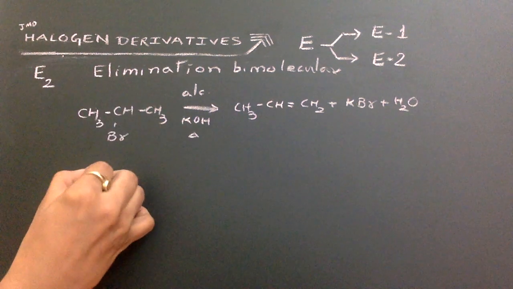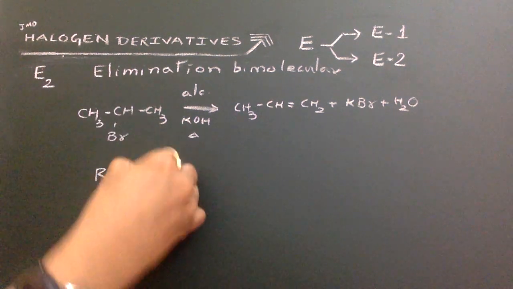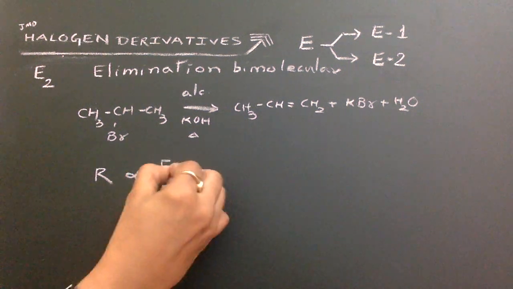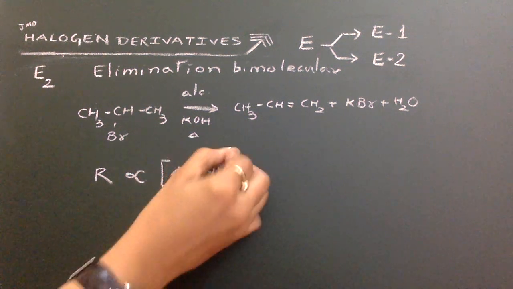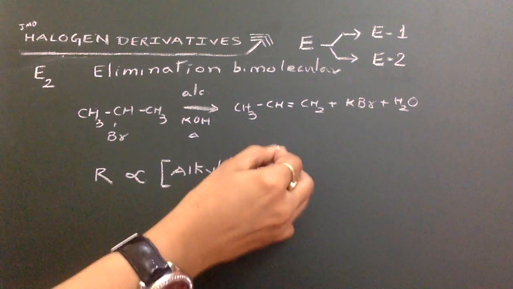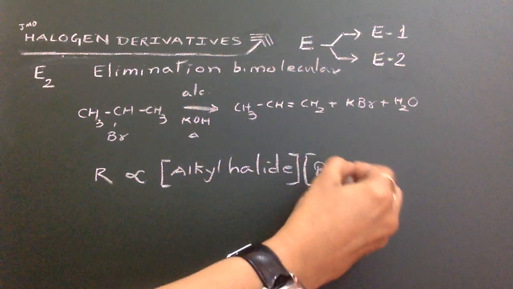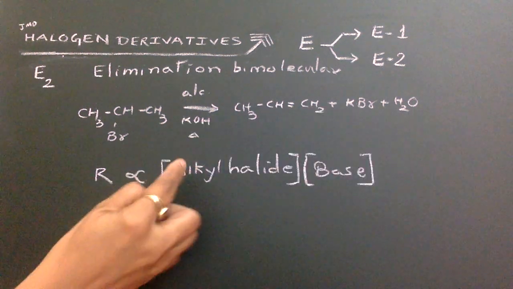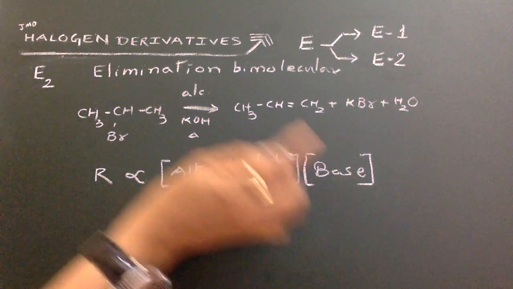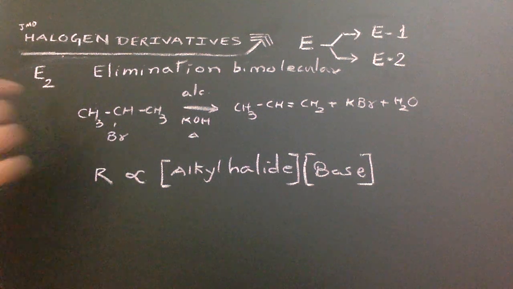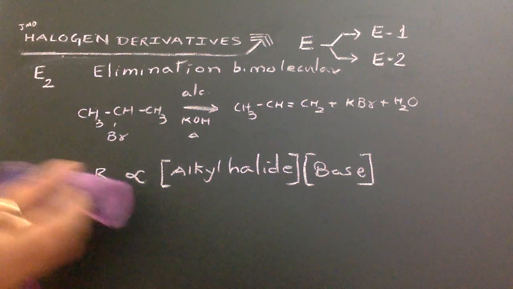But here I'll just mention one thing. Rate is directly proportional to the molar concentration of not only the alkyl halide but also the base. Since rate depends on both types of reactants, that is substrate as well as reagent, this is a two-type reaction, that is E2.